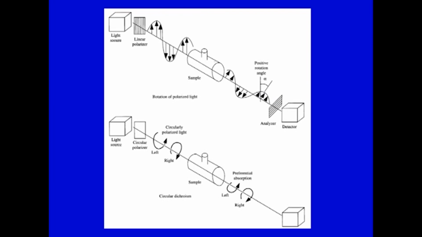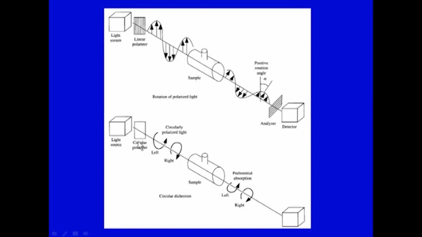In very simple terms, if it is ORD, as you see on your screen, if you are working with plane polarized light, then what you have is a light source and a linear polarizer. There is linearly polarized or plane polarized light which passes through the sample. Depending on the sample, there will be a positive rotation angle, or it will react differently, and finally it will be detected after passing through the analyzer.